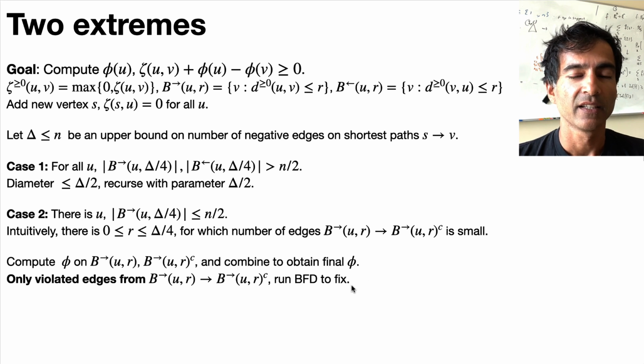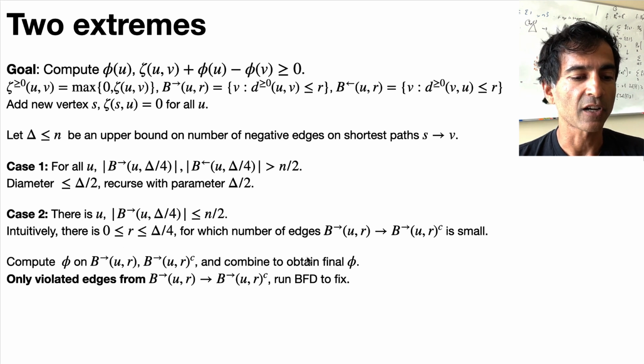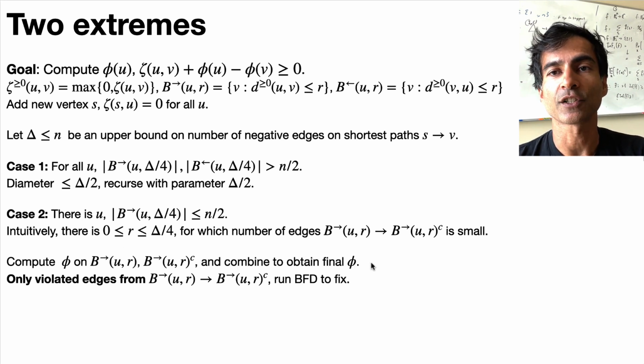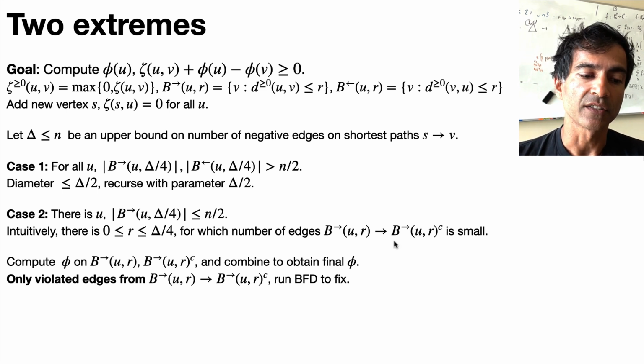Okay. And if there are some edges, but not a lot, going from this ball to outside the ball, then we can first combine these, as I described here, to get a global potential function, and then try to resolve the edges that go in the wrong direction.